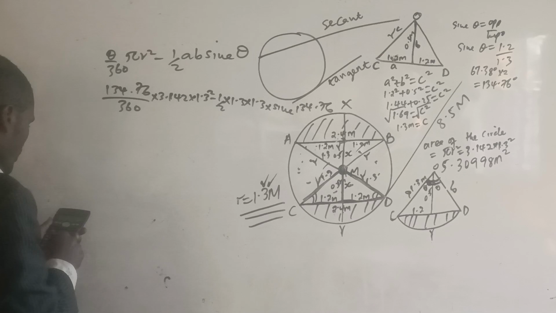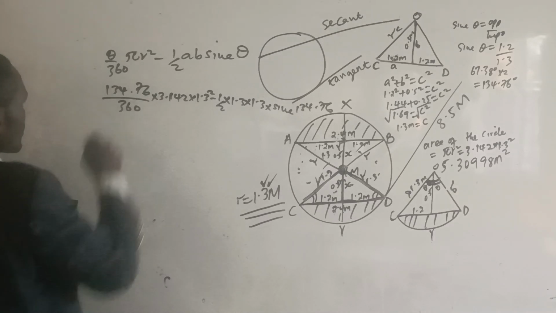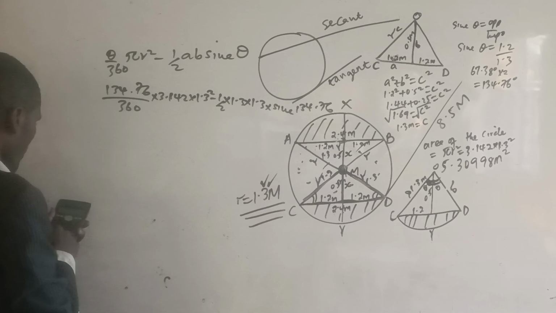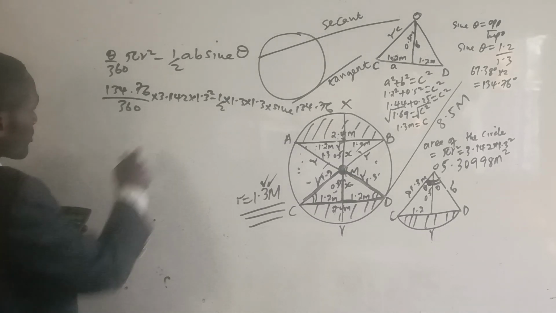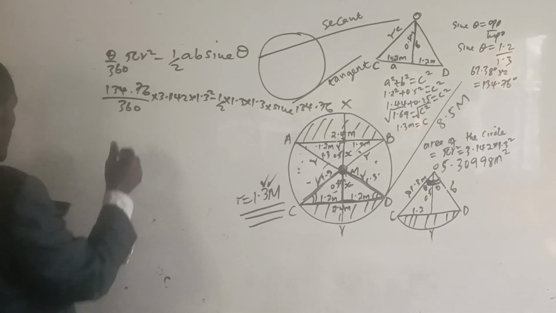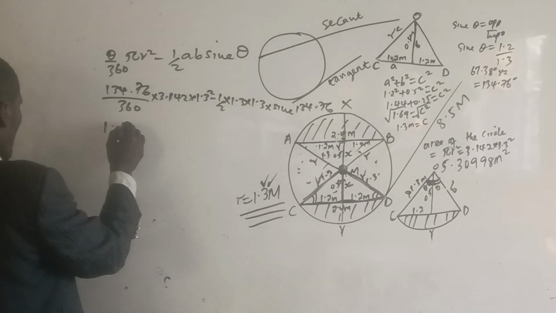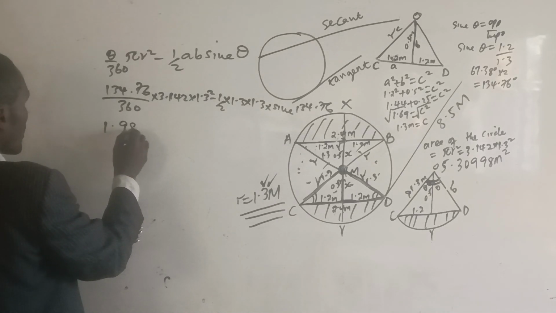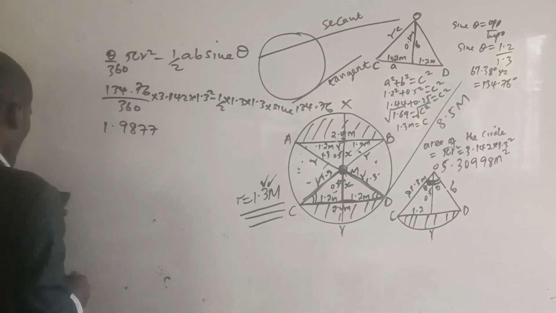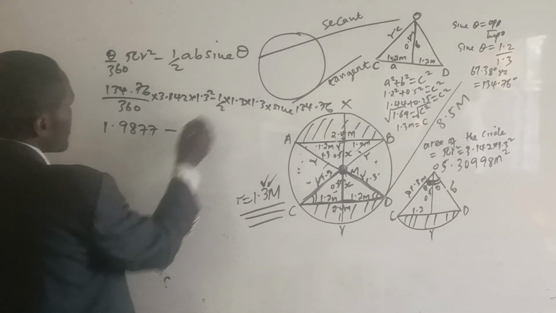So 134.76 divided by 360, times 3.142, times 1.69, that's 1.3 squared. It gives us 1.9877.